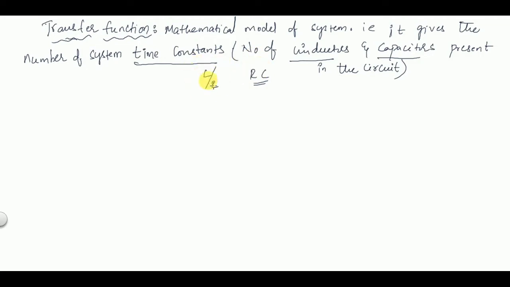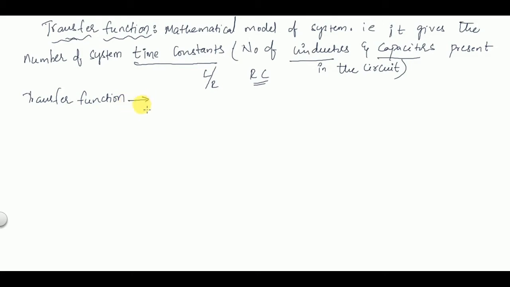So every time constant is due to the presence of an inductor or capacitor. So basically, what is transfer function? Transfer function is obtained from the system only.